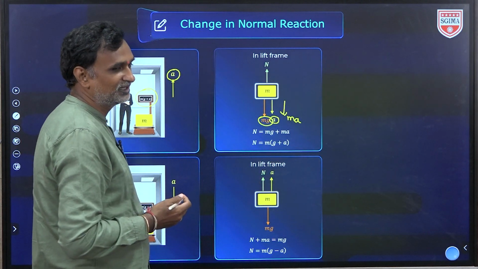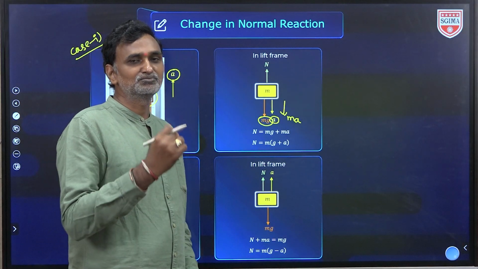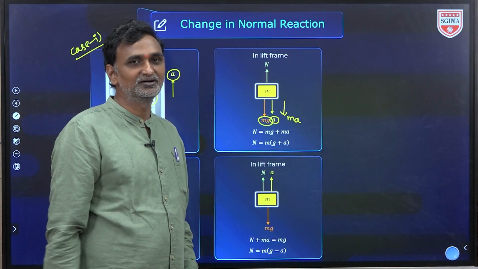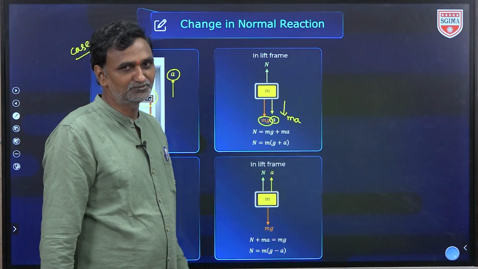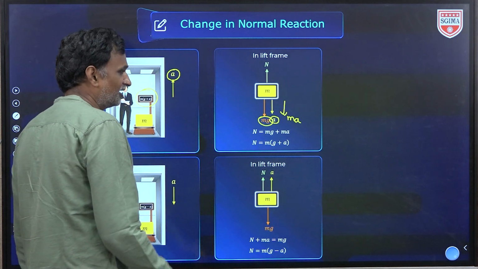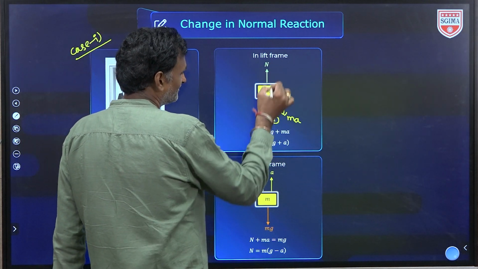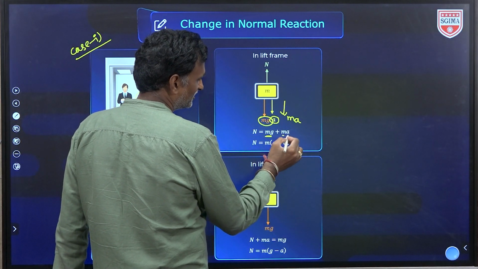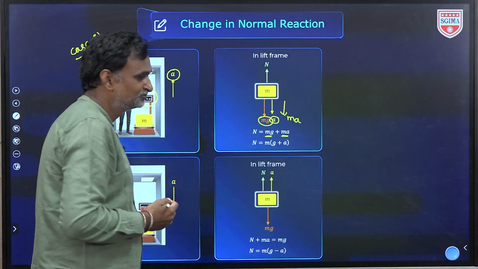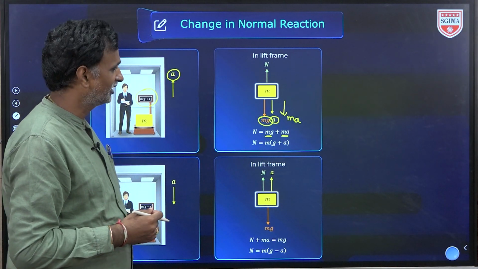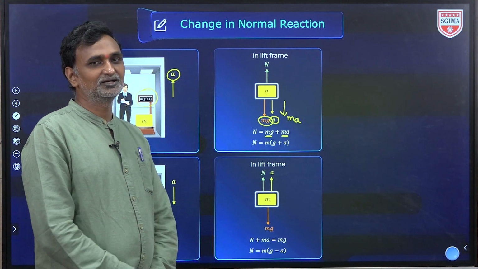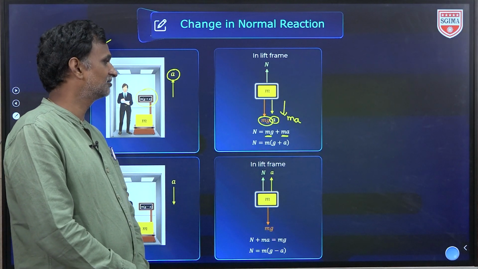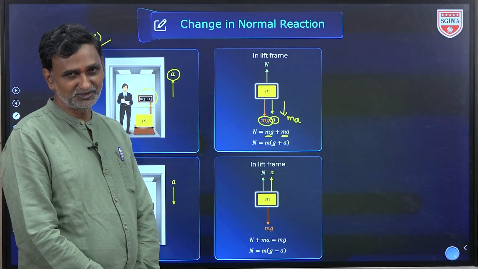The pseudo force value is exactly equal to mass times the acceleration of the reference frame. So we can write: total upward force equals total downward force, N equals mg plus ma, taking m common, N equals m into (g plus a).